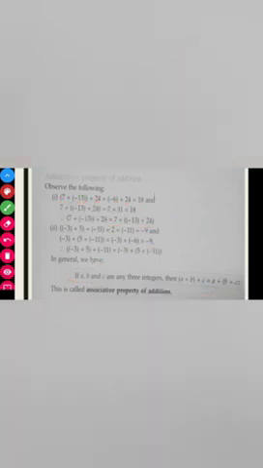So now next is additive identity. You know, when you add 0 to any integer, then the result will remain the same. If you add 0 to 5, then the result will be 5 only. If you add 0 to minus 1, then again the result will be minus 1.